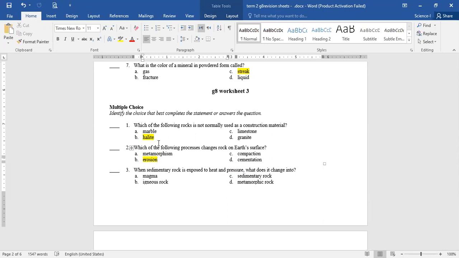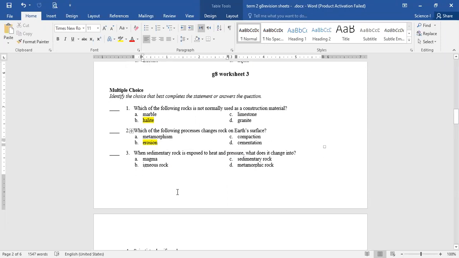Then question number 3, when sedimentary rock is exposed to heat and pressure, what does it change into? We said whatever the kind of rock, when it is exposed to extreme heat and pressure, it will change into. Okay, other guys, please share with us. Jana, Maya, Hannah, Magdi.